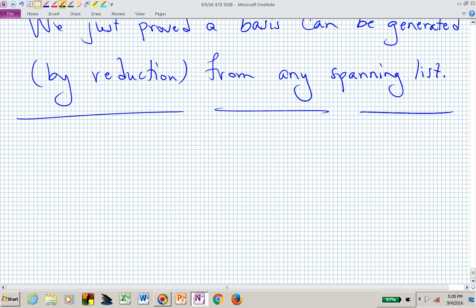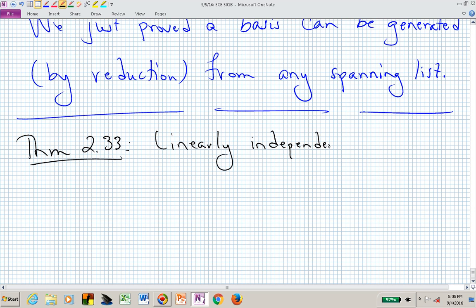The next way of creating a basis, a set of basis vectors, is in the other direction. And this is now Theorem 33. It's by extension, or building up. It now has the heading of linearly independent, a set of linearly independent vectors that form a list extends to a basis.